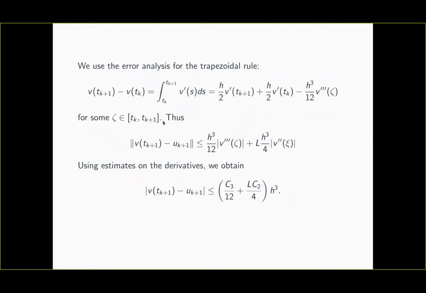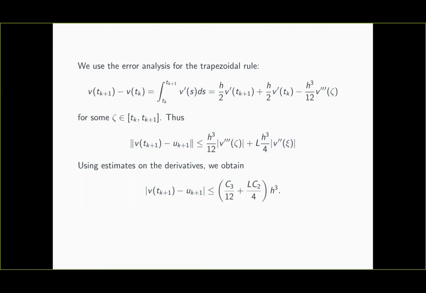Namely, we see that the norm of the local discretization error is bounded from above by h cubed over 12 times the third derivative of v at zeta, plus L times h cubed over 4 times the size of v double prime at xi.